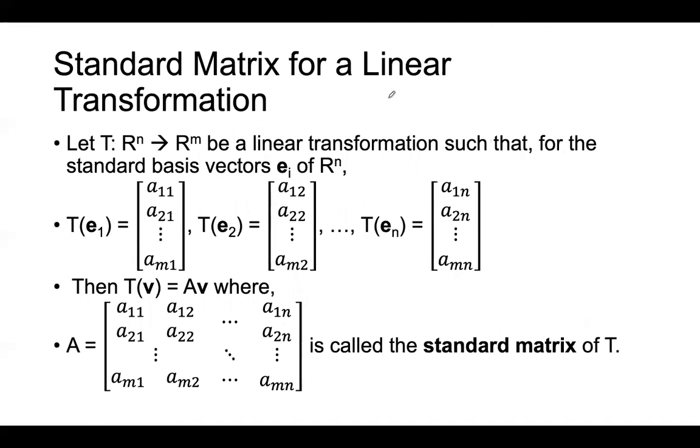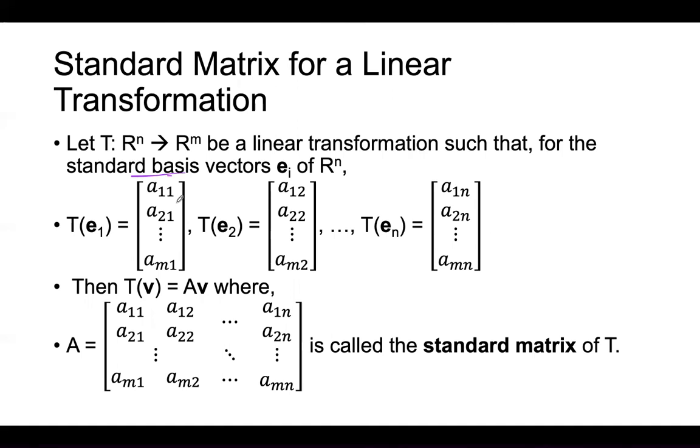Now there's a standard matrix for a linear transformation. Suppose we're transforming from Rn to Rm, and it's a linear transformation, and we have the standard basis. A standard basis would be like 1, 0, 0, 0, then 0, 1, 0, 0. Those are the standard basis vectors.